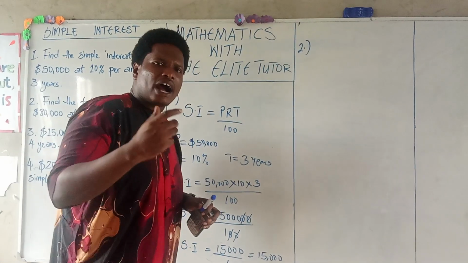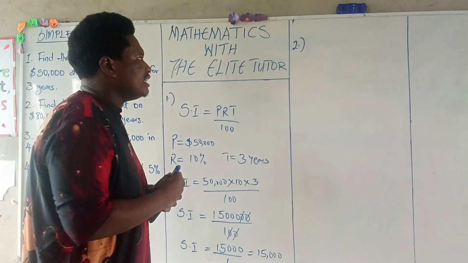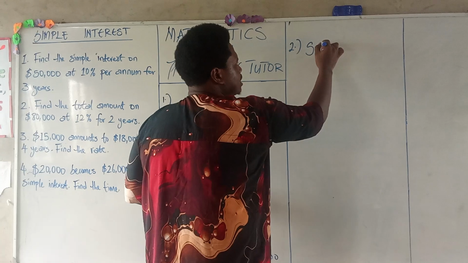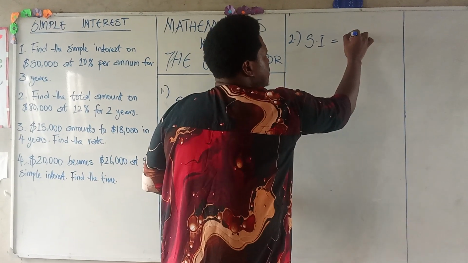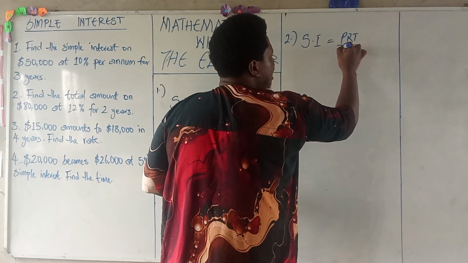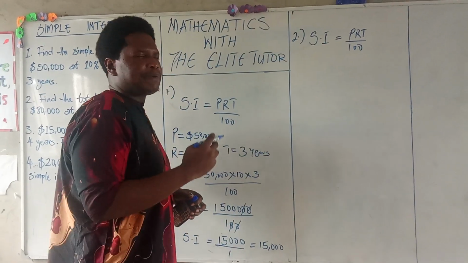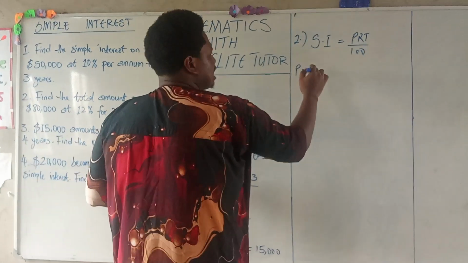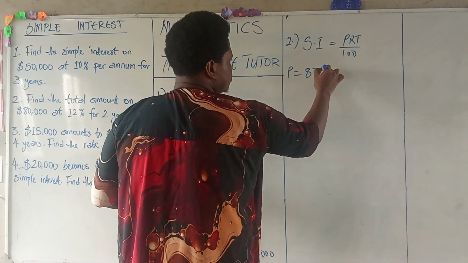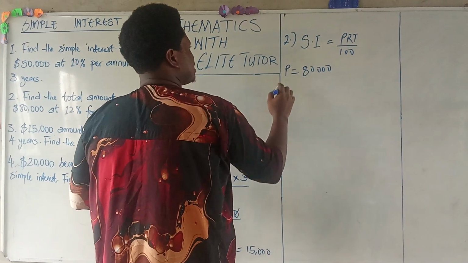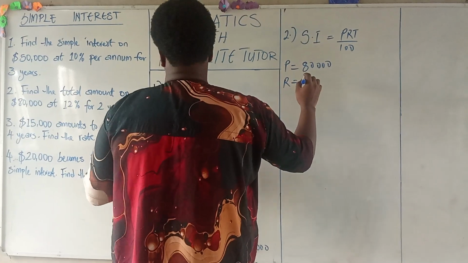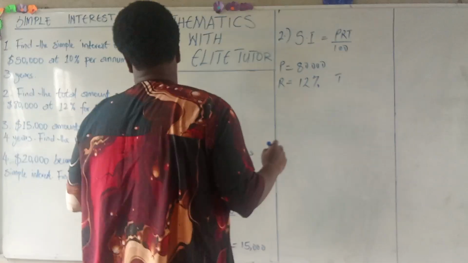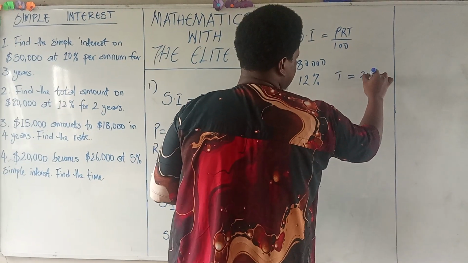So we have to first of all ascertain our simple interest. Using the formula, simple interest, SI, is equal to PRT over 100. Now let's bring out our parameters. From the question, our principal is $80,000, our rate is 12%, and our time is 2 years.